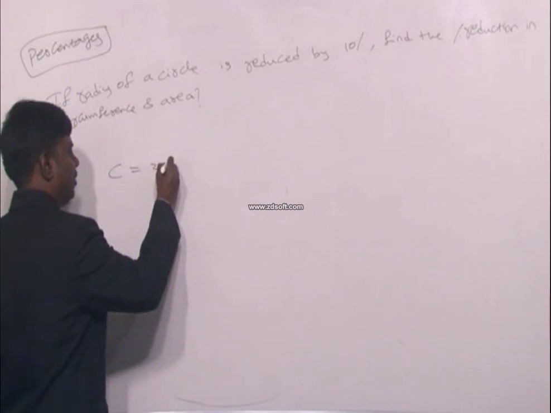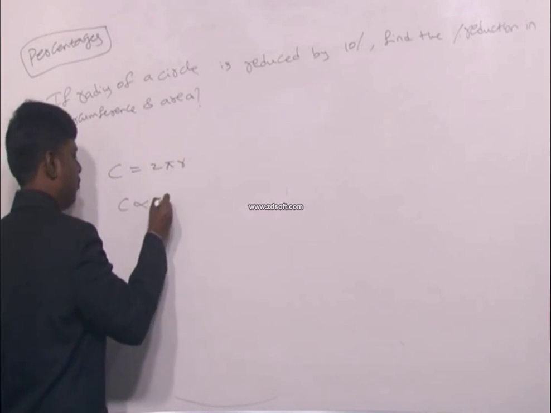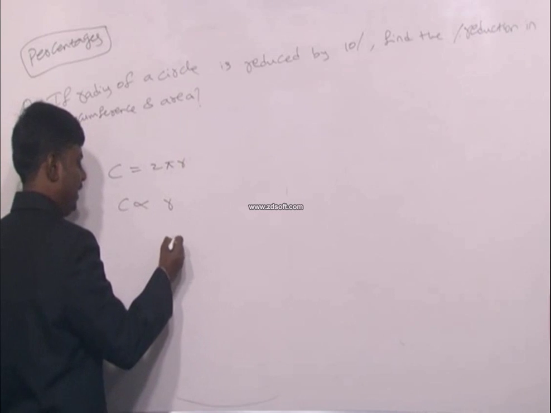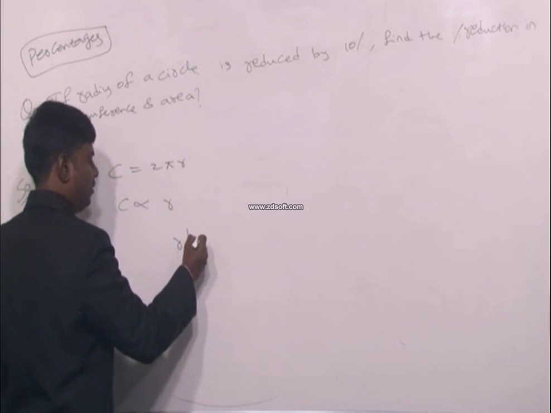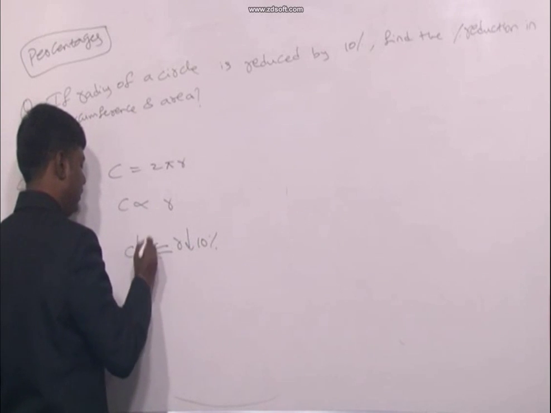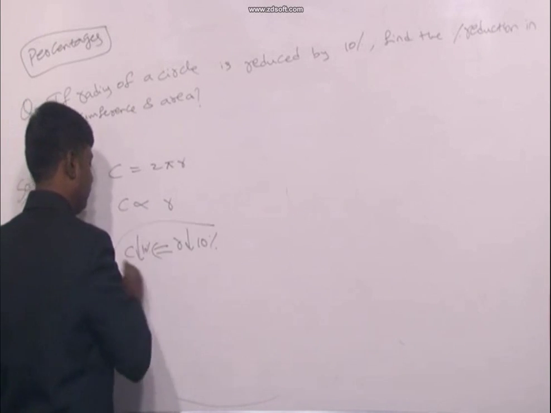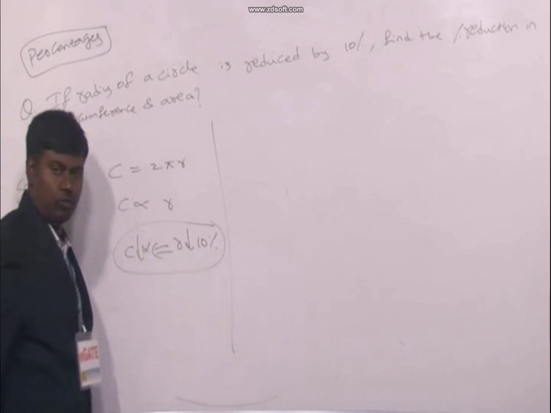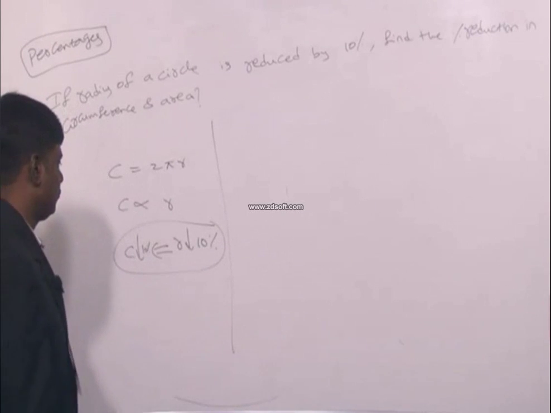Circumference is 2 pi r, or circumference is directly proportional to r. So if radius is reducing by 10%, definitely circumference will be reducing by 10%. You can check values. You don't need to calculate. So directly proportional.